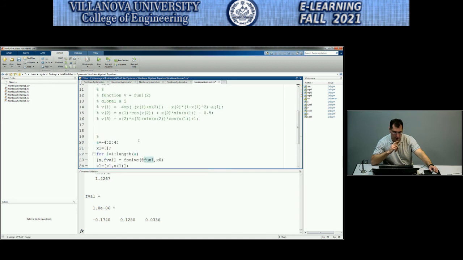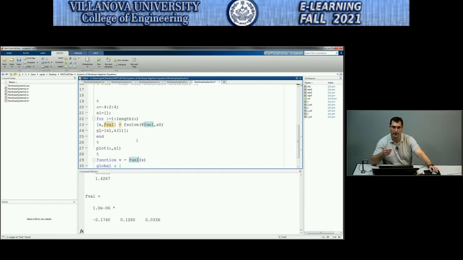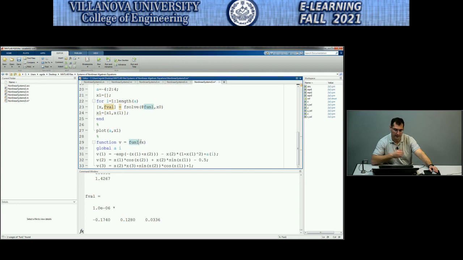So what I do here, I'm solving the exact same thing. Nothing has changed except that I'm plotting the solution versus the parameter. So in some of the assignments, you might have to solve the system of algebraic equations and then show how the roots, or not the roots, solutions to this system of equations change with the changing of the parameter. How to make that plot.